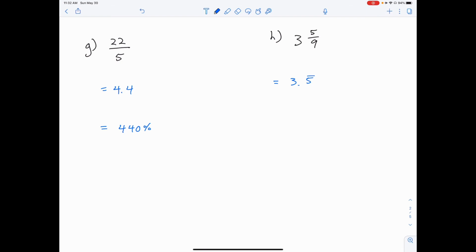In terms of writing this as a percentage, again, we can multiply it by 100%, and we would end up getting 355.55, or you can put the repeating sign above the 5 if you like, percentage. Or if you want to round it, then depending on where you want to round it, you can go from there.